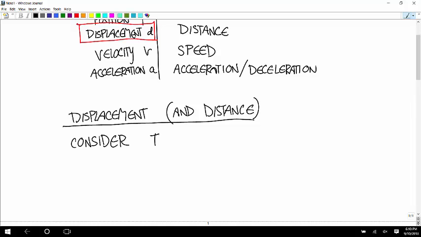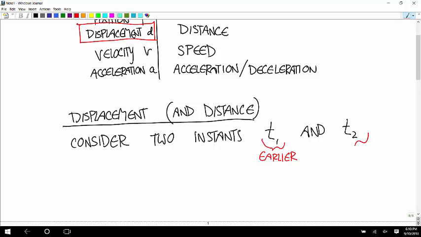So consider two instants. The first one we'll call T1 and the second one T2. So those are just the times associated with these two instants. This is the earlier one. And this is the later one.